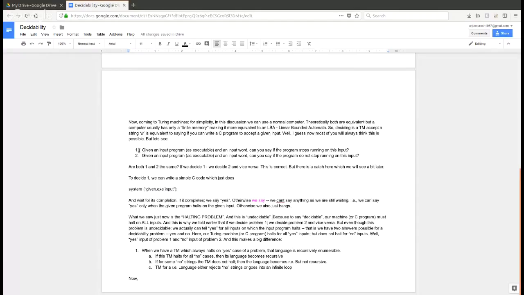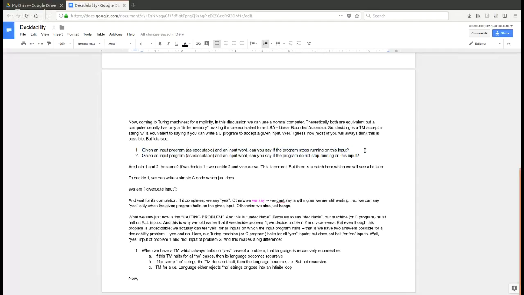So that is why actually we separated this problem into two, that is 1 and 2, because even though we cannot say yes or no for all the inputs, we can always say yes for all the inputs where the answer is yes. So this might be confusing for you, but just think like this. For any decidable problem, there are only two answers, whether it is yes or no. And this yes or no depends entirely on how the problem is stated.